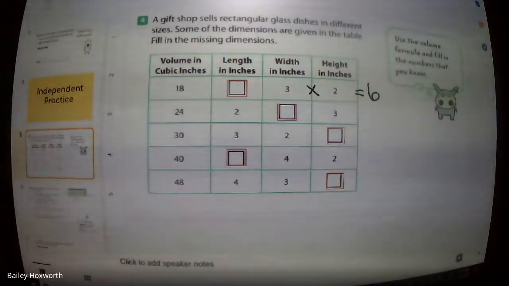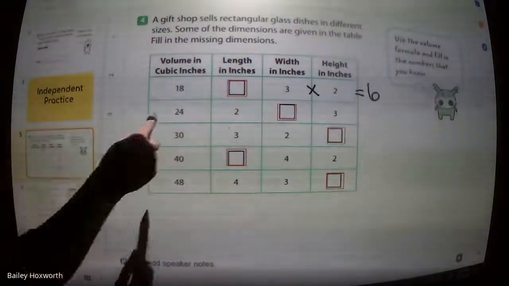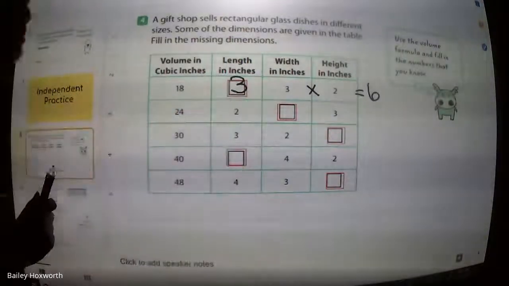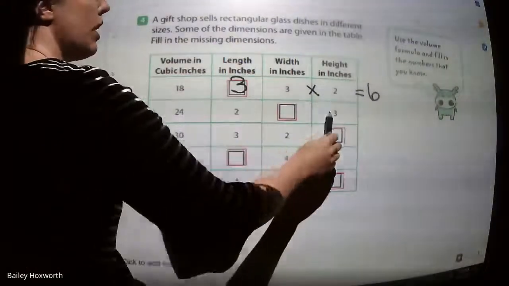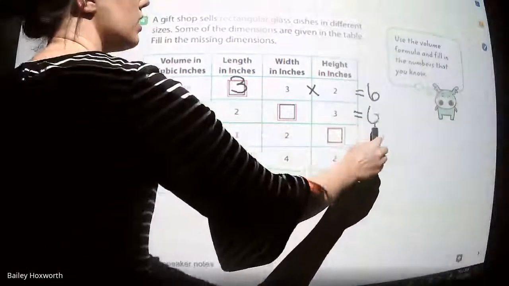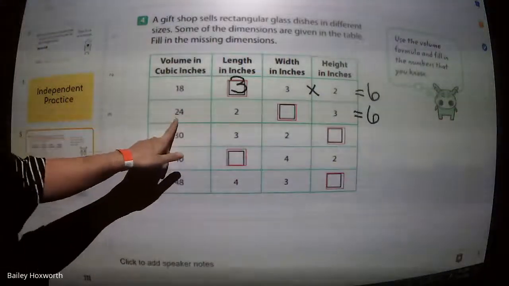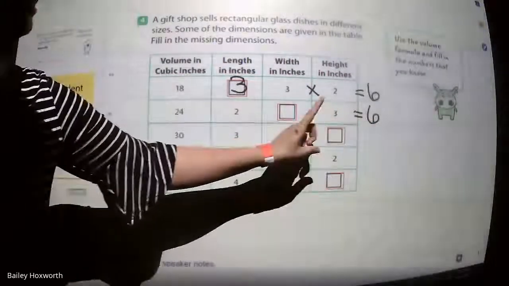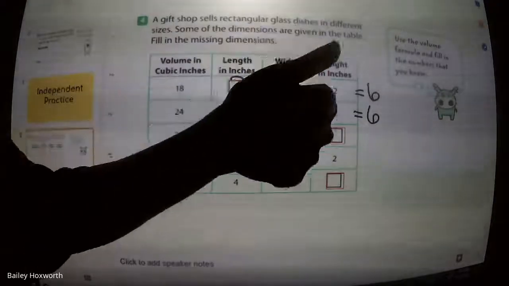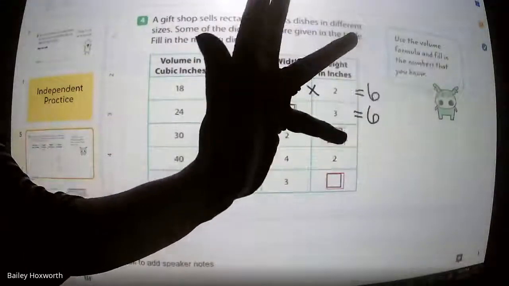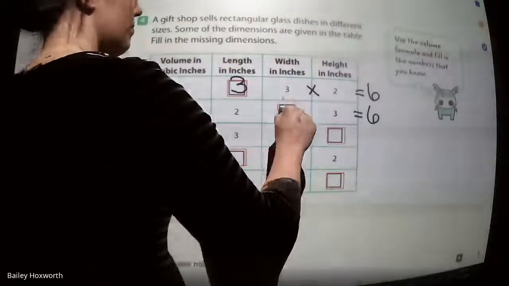So 6, 12, 18. Oh, that's 3. So let's try the next one. You just multiply the 2 numbers you have. 2 times 3, that equals 6. But I need to get to 24. So 6 times blank equals 24. 6, 12, 18, 24. So that's 4.